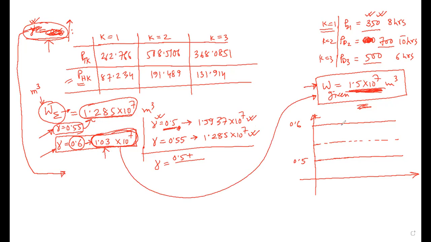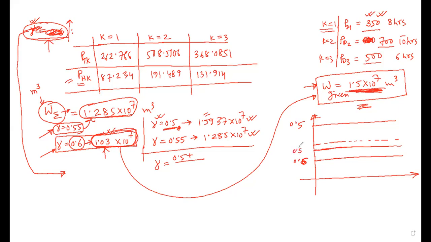Probably this is where I made a mistake, it should be 0.5, sorry. For 0.5 I have a higher W value, 1.59. For 0.6 I had a smaller value, 1.03. Now for 0.55, the average of these two, I am getting somewhere here, let's say 1.28.